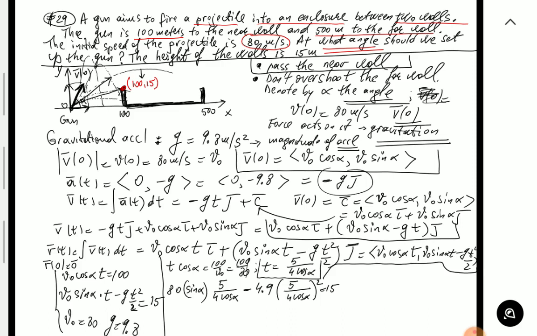Let's do it. I'm going to use the calculator, and you can check the computation yourself. Here the coefficient simplifies to 100 because this is 20. So on the first term I have 100 tangent of alpha. Here 4.9 times 25 over 16. If I combine all those constants, I get this ugly coefficient.